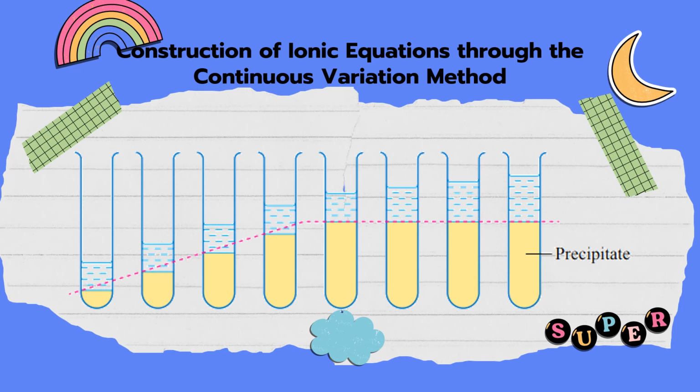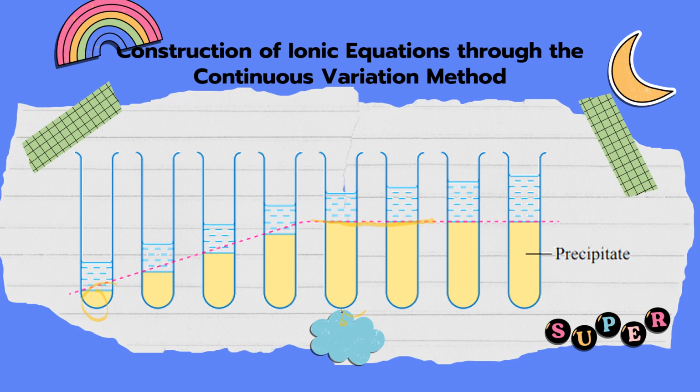After half an hour of adding the two solutions, the height of the precipitate formed increases gradually from the first test tube and then becomes constant, starting from any test tube. As shown here, it is constant from test tube 5.